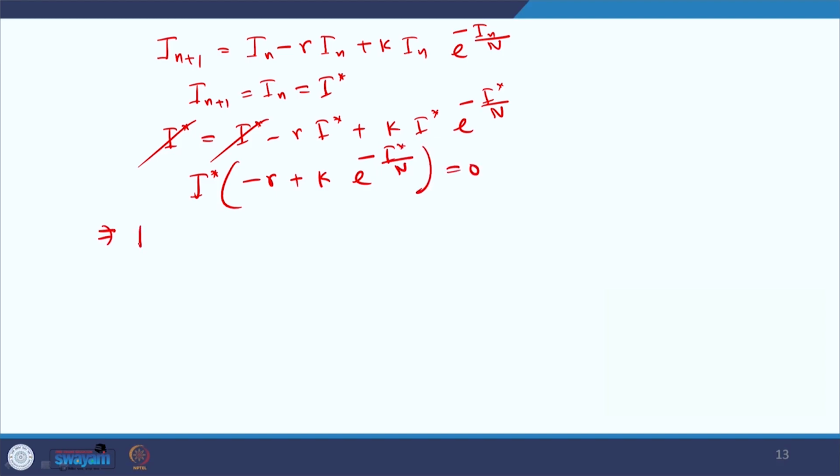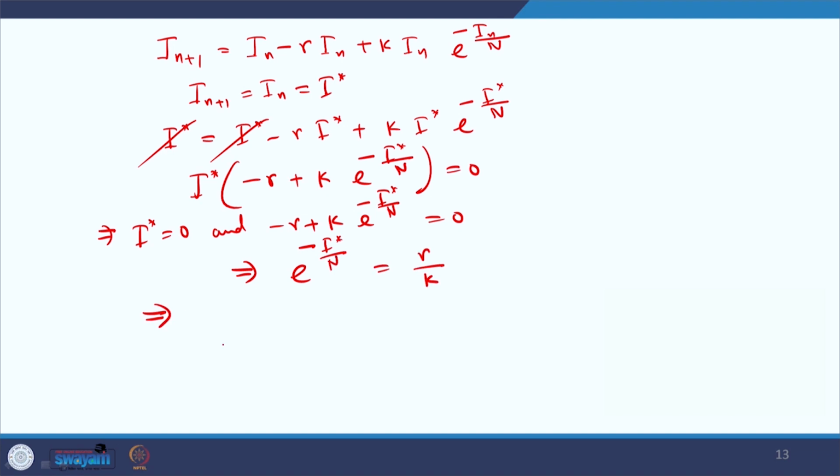So, this will imply I star equal to 0, and minus r plus k e to the power minus I star by n equal to 0. This will imply e to the power minus I star by n equals r by k. This will imply minus I star by n equals ln of r by k.